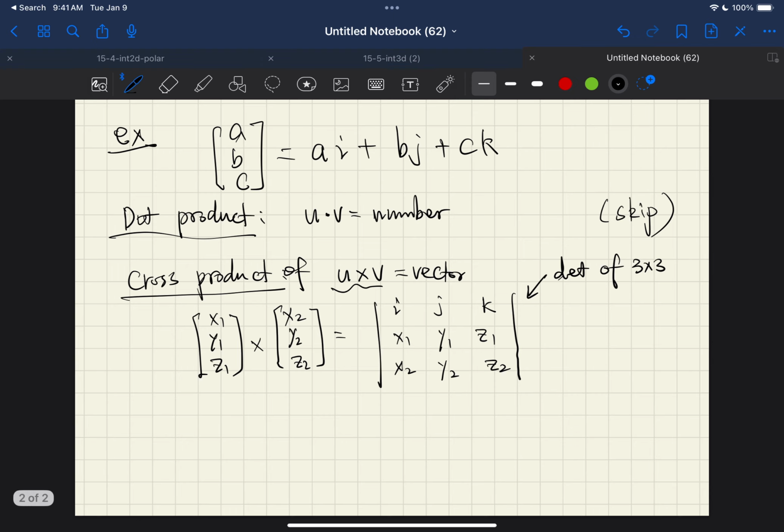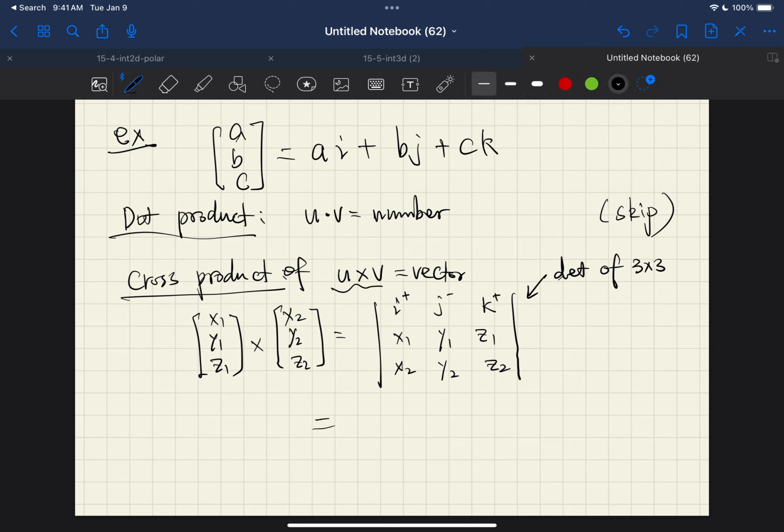If you have the determinant of a 3 by 3 matrix, then you can actually use cofactor expansion along the first row, and you write the signs plus, minus, plus, flipping the sign. So mark those signs, plus, minus, plus, and then we can expand this.